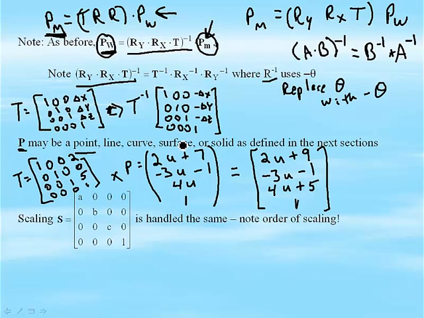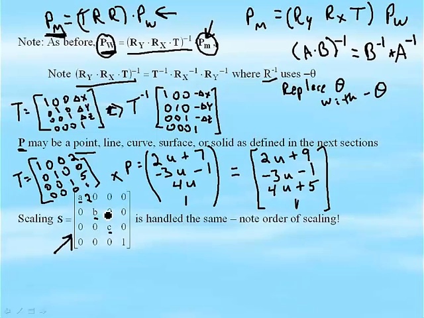The last thing we'll do is scaling. And with scaling, we see a whole new matrix down here. And really I've defined the ability to scale differently in the x, the y, and the z direction. But if we were going to just scale uniformly and maybe double the size, or scale by 2 in all directions, we could just multiply by this scaling matrix where a, b, c are all 2.